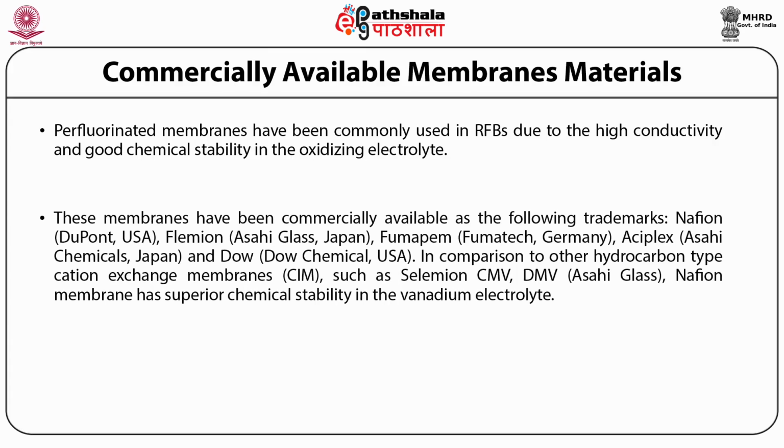These membranes are commercially available under the following trademarks: Nafion from DuPont USA, Flemion from Asahi Glass Japan, Fumapem from Fumatech Germany, Aciplex from Asahi Chemicals Japan, and Dow Chemicals from USA.